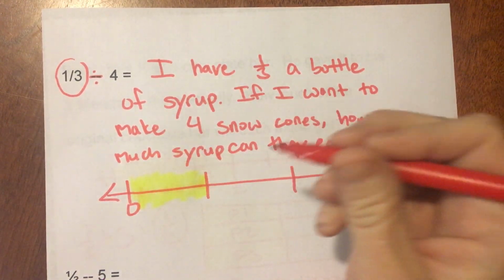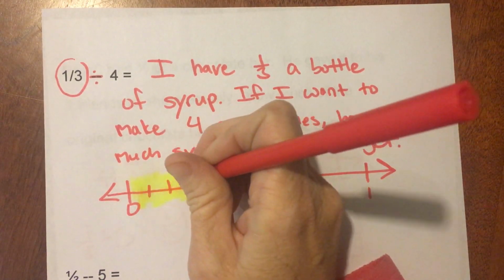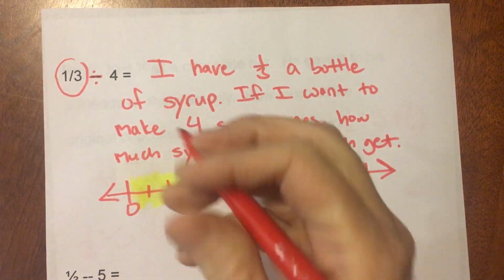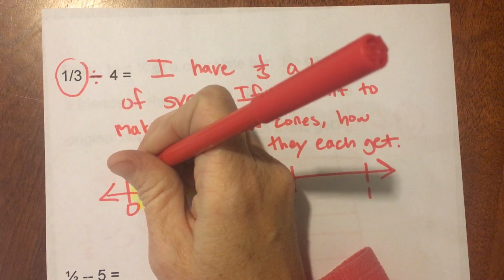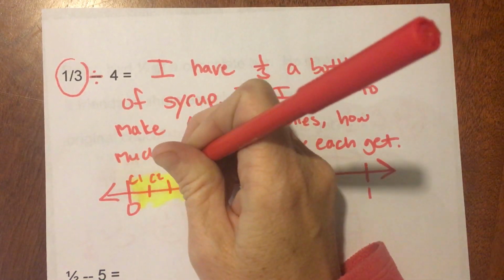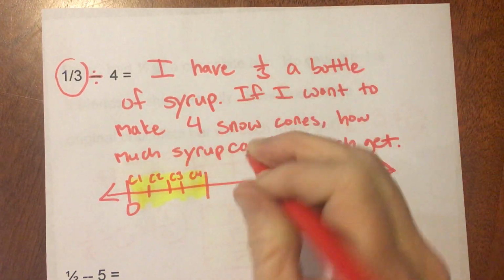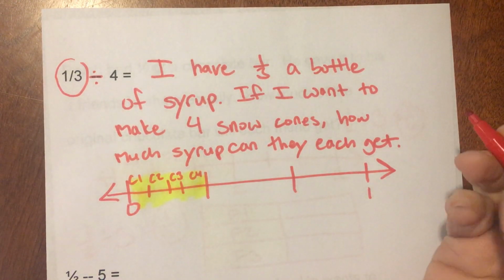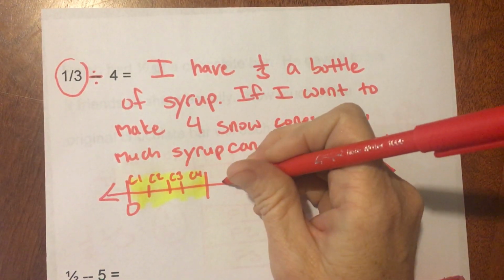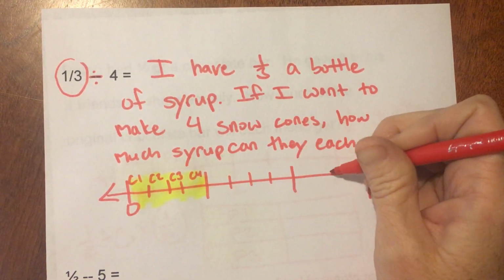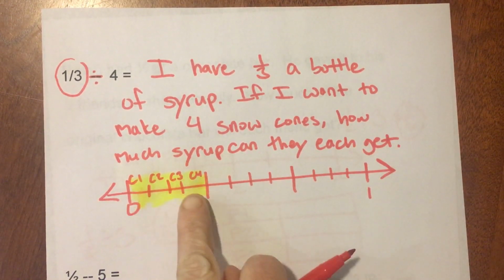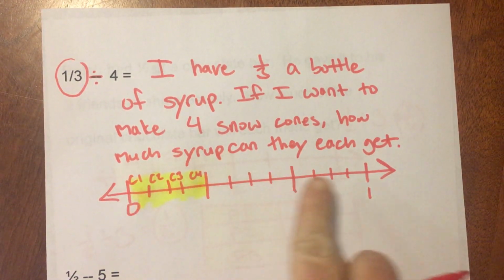Now I'm going to divide that into 4 pieces. So for my 4 snow cones, right? So I could say cone 1, cone 2, cone 3, and cone 4 gets that little piece. Okay. So how much of the bottle did they each get? Because I need to go through and cut all of them up into 4.